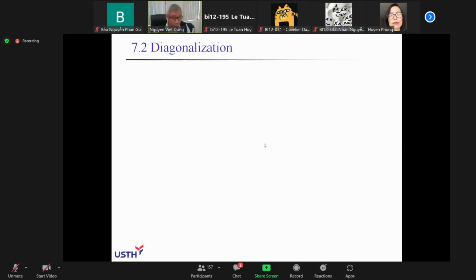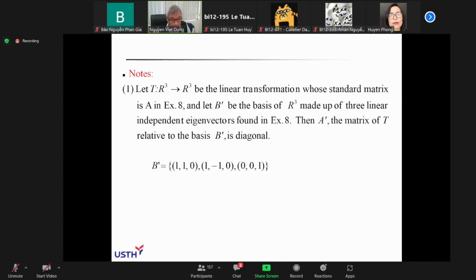Let's continue now with the problem about diagonalization. Before the break, we considered an example, and the example gives us the following observation.